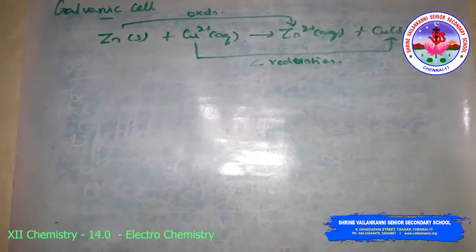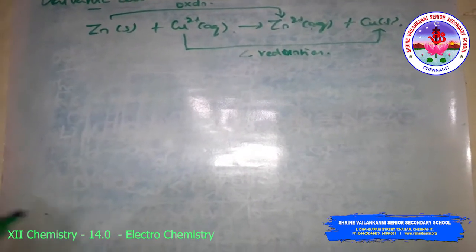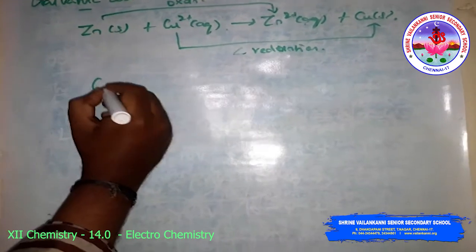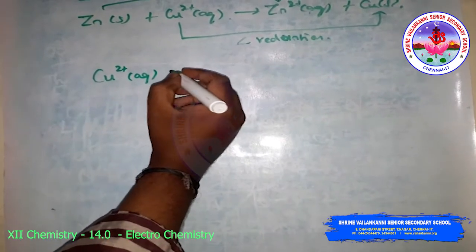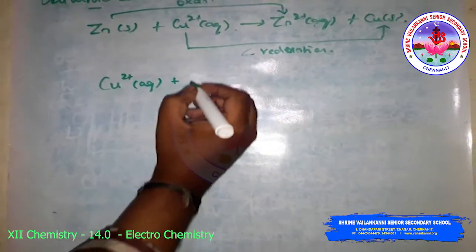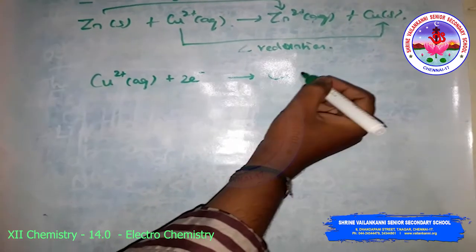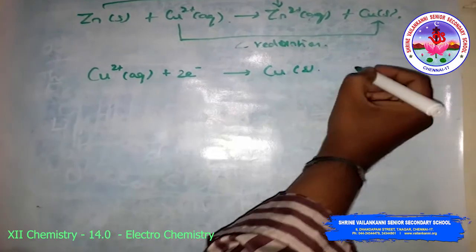Okay, so here we can write the reduction half reaction and the oxidation half reaction. The reduction half reaction is Cu2+ aqueous, and how many electrons are gained here? 2 electrons. Then it converts to solid Cu. So this is the reduction half reaction.